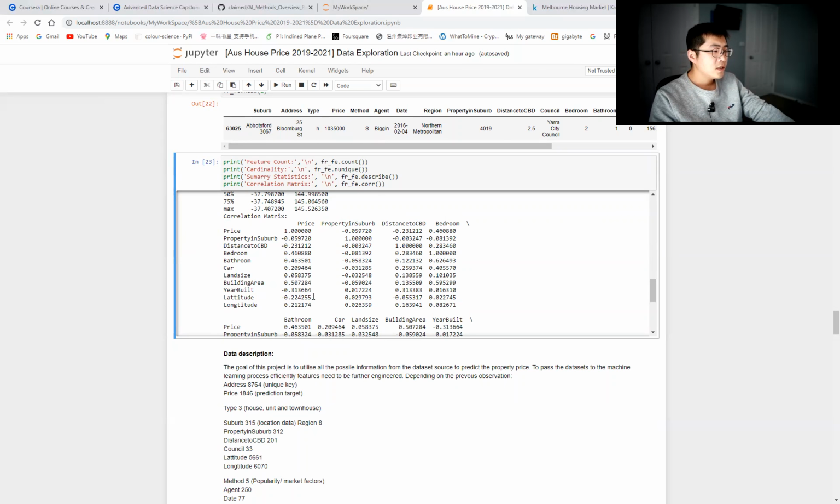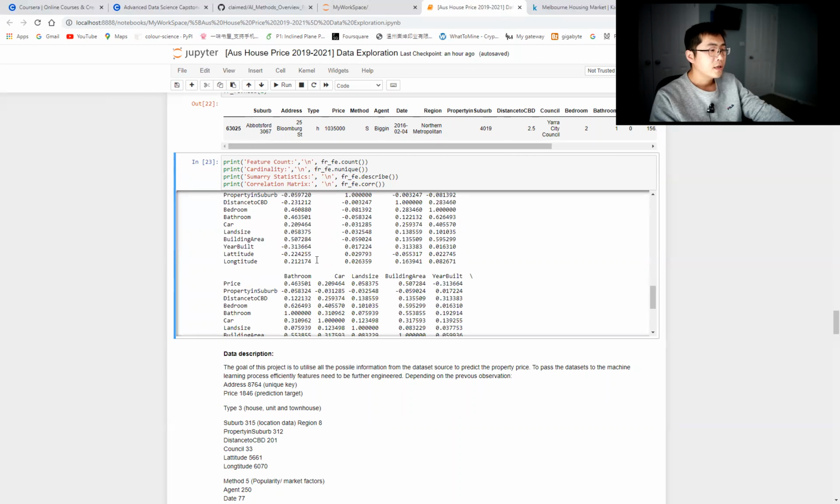And longitude and latitude, interestingly, are quite significantly related compared to some other features. To me, it means that in Melbourne City, the west part is more like industrial areas, and the southeast is more residential, and there are also new development sites in the north, west, southwest, and the far southeast.